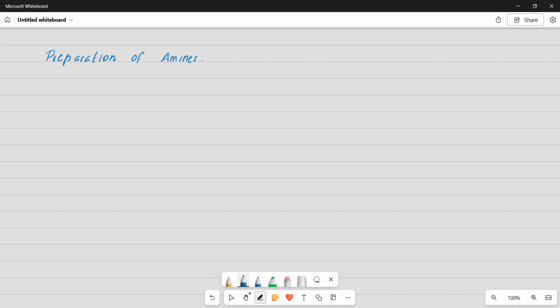Amines can be prepared from two different kinds of reactions. One is a nucleophilic substitution reaction. The other one is reduction reaction.